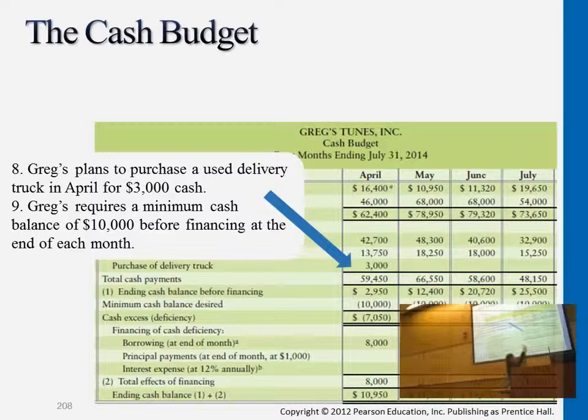And if the company has a threshold, a balance that they want to have a certain amount of cash on hand every single month, you compare the cash amount you have in each and every month, and see if it meets that threshold. If it doesn't, like this example, the company may decide to borrow money, but then later on, each and every month, they may need to pay installments and also interest on it.